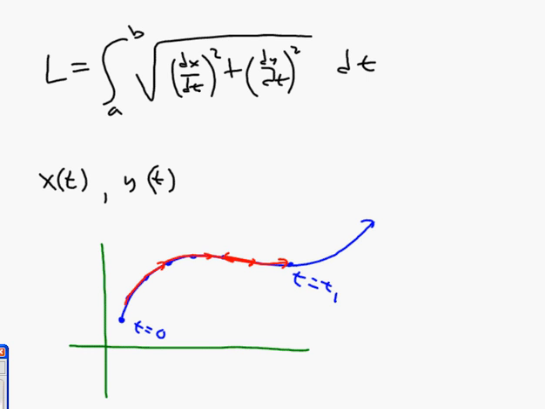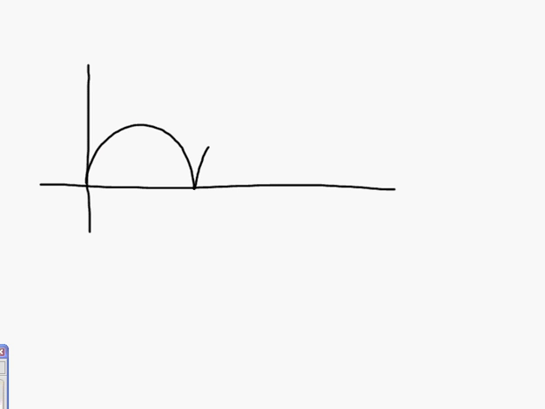So let's state a goal. The goal is going to be to use this integral to find the length of one arc of the cycloid. So here's the cycloid, right? The thing that we get when we let that circle roll along the x-axis, and we pay attention to a point on the circumference of the circle and ask how high is it above the x-axis for any given time.